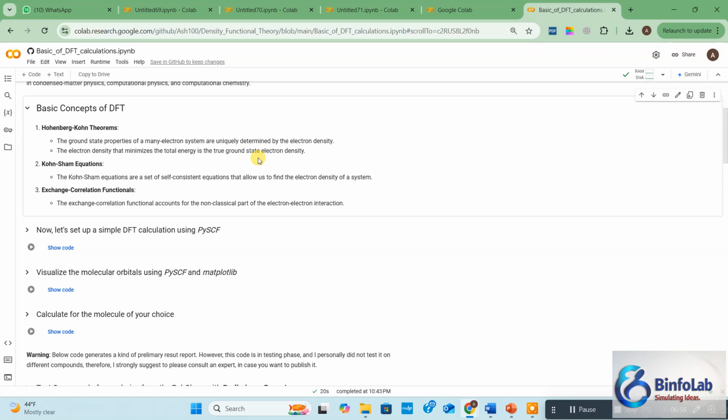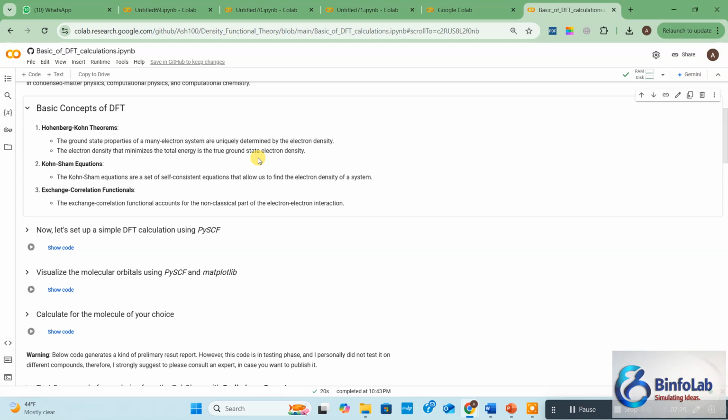What this means in simple terms is that the state of the atom or the compound, whether it is in the excited state or ground state, or somewhere in the middle, an intermediate state, will be decided by the electron density.